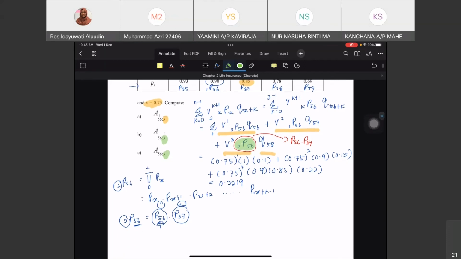So the second one is for the case of pure endowment.